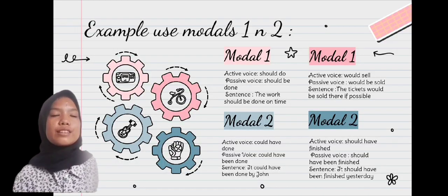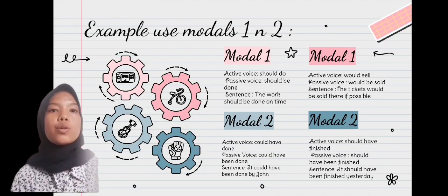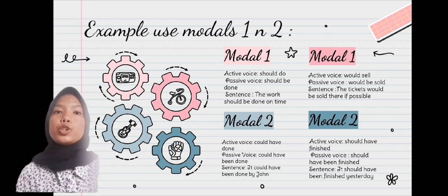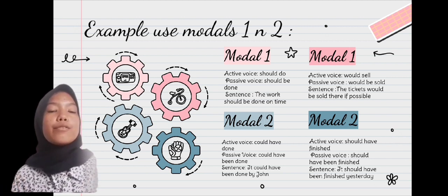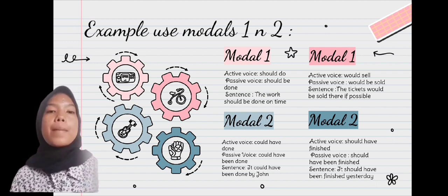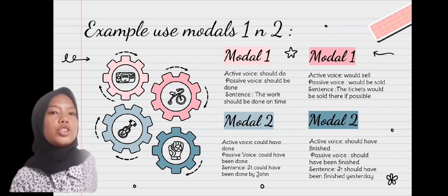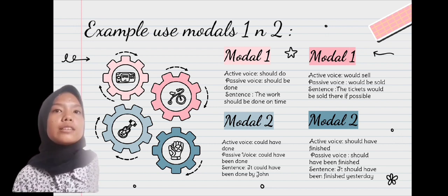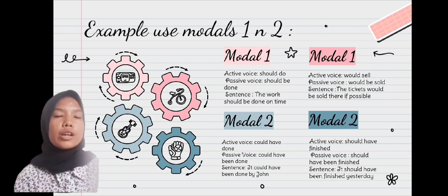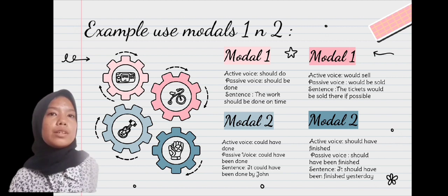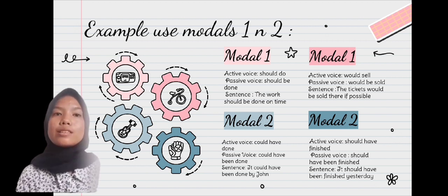You can see example use modal 1. Example number 1, active voice should do, passive voice should be done, and the passive sentence: the work should be done on time. Number 2, active voice would sell, passive voice would be sold. The sentence: the ticket would be sold there if possible.